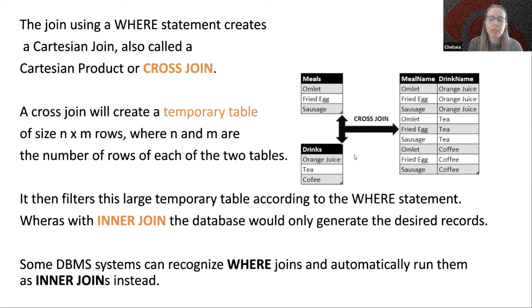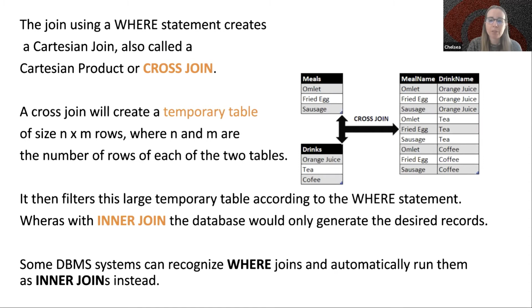It will create a cross join between those tables, creating a temporary table with all possible combinations of those two tables, and then it will filter that temporary table to see if any of the records match the where statement, as opposed to an inner join, which will just directly query your table. So you can see this can be very inefficient.